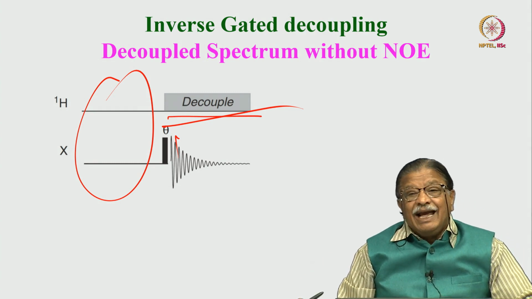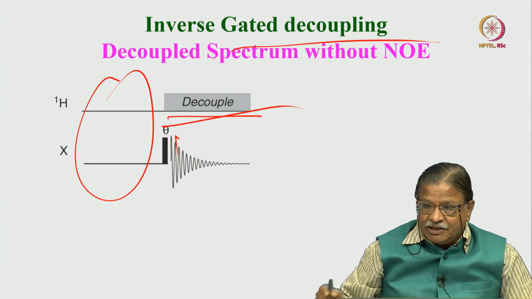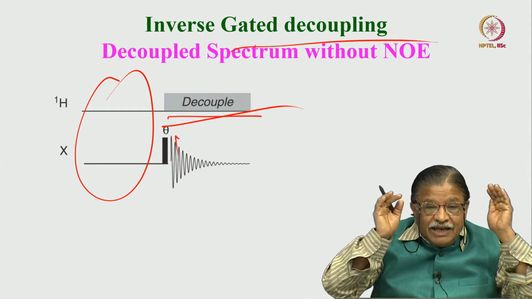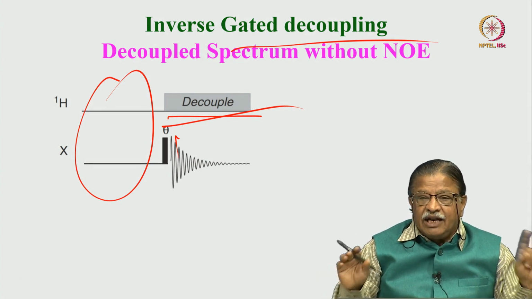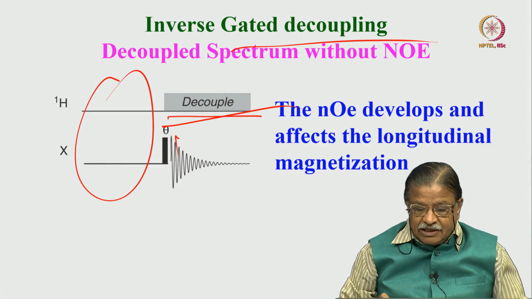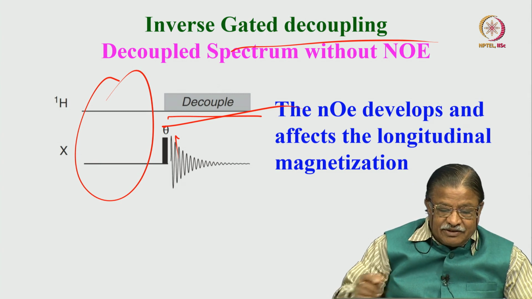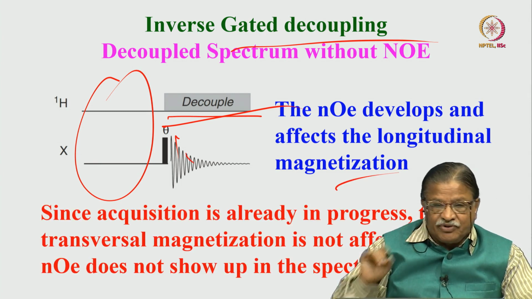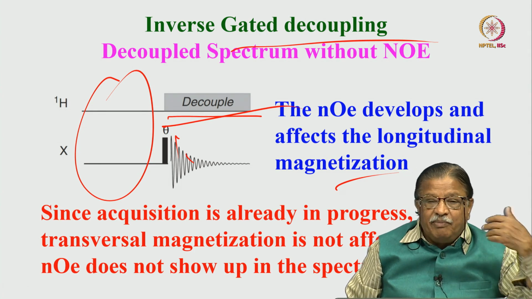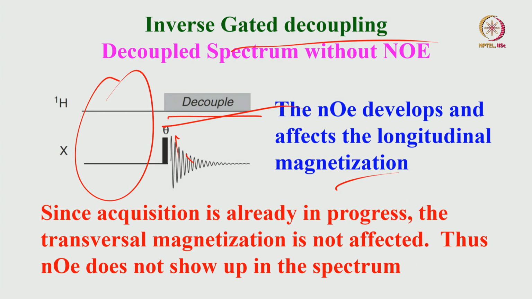This is what is called the inverse gated decoupled experiment, where I am decoupling the carbon from protons, but no NOE. There is no enhancement in the signal intensity. NOE develops and affects the longitudinal magnetization. So, since the acquisition is already present here, there won't be a build up of the signal. That is why this is called inverse gated, no NOE, and we are going to decouple.